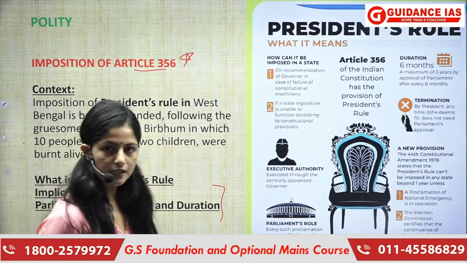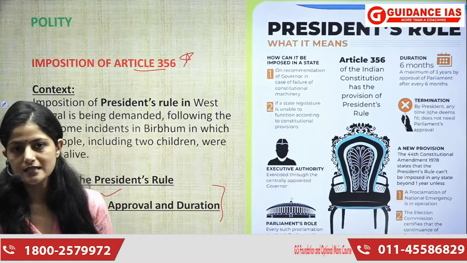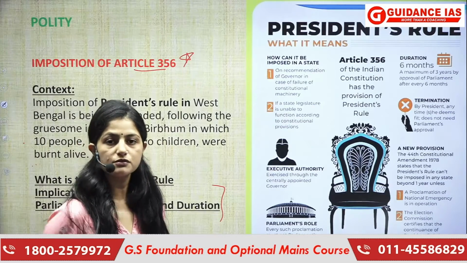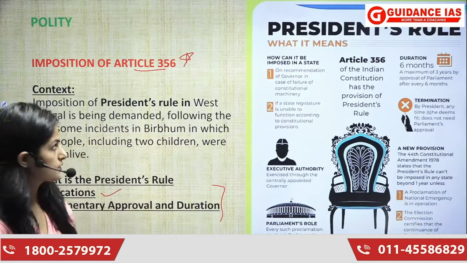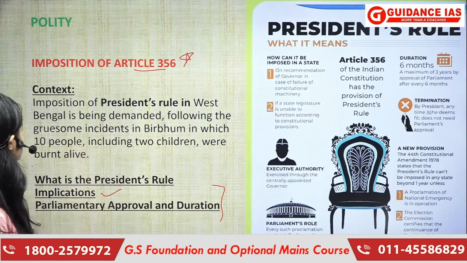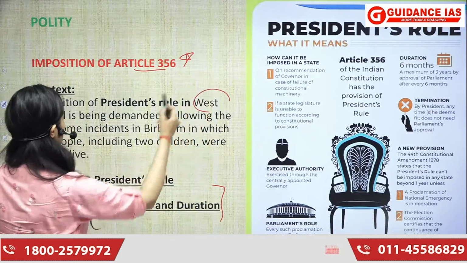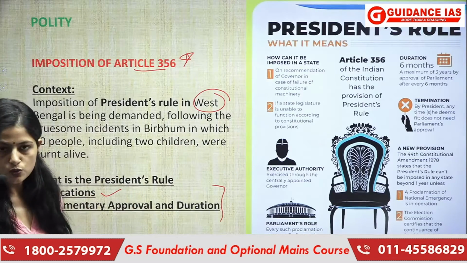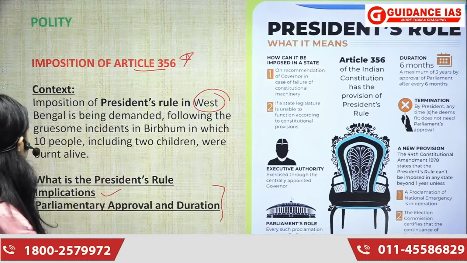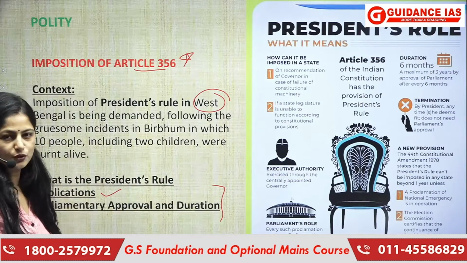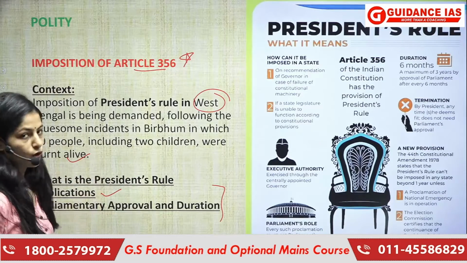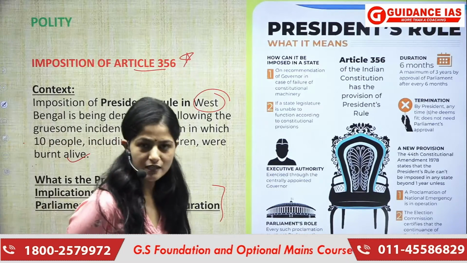Before getting into the static portion of it, let's understand why it was in the news and why it is important from our examination perspective. The context is that recently in West Bengal, there was a demand that president's rule should be imposed, because of an incident wherein a lot of people were killed and burned alive.